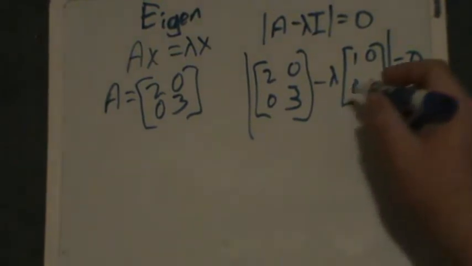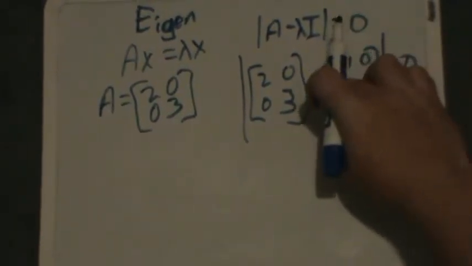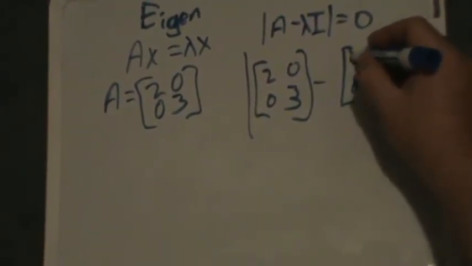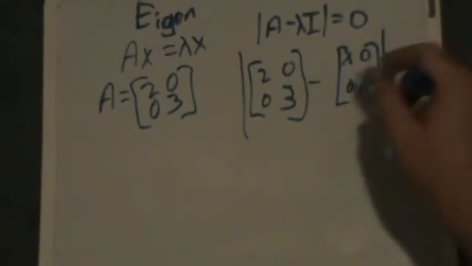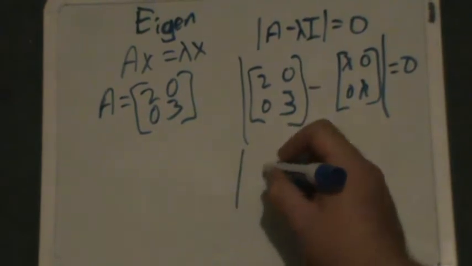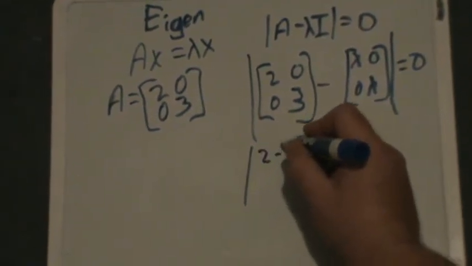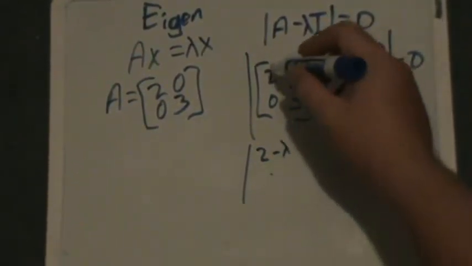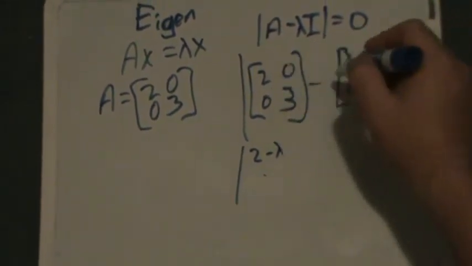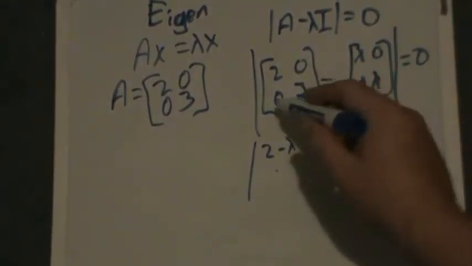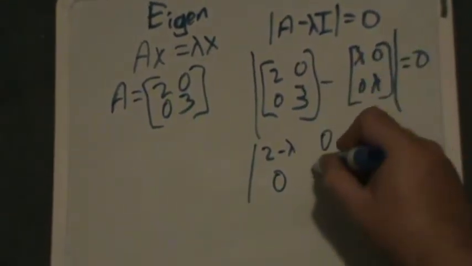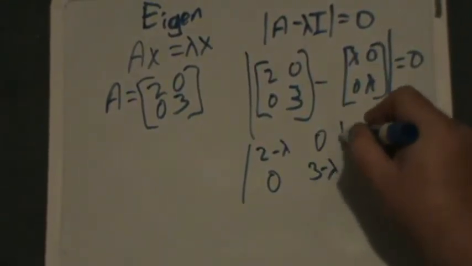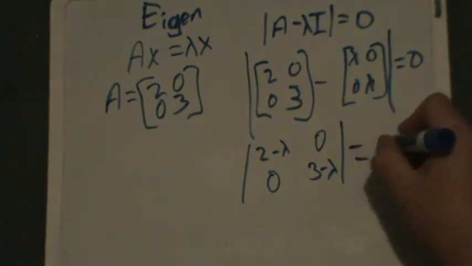Lambda times the identity just gives you lambda on the diagonals. So I subtract element by element, and I get the determinant of 2 minus lambda, 0 minus 0, 0 minus 0, and 3 minus lambda, and that should equal 0.